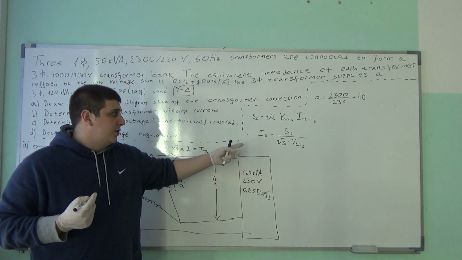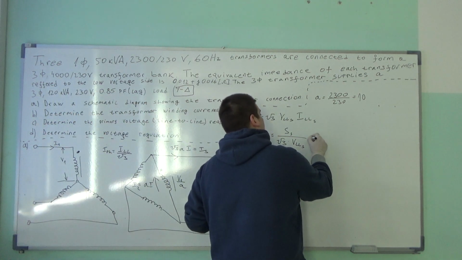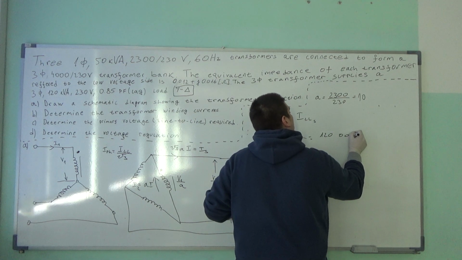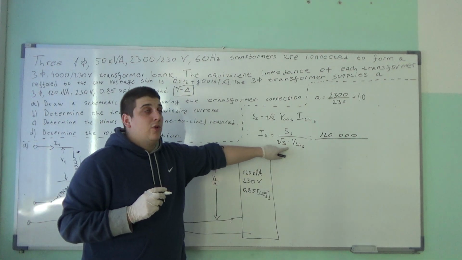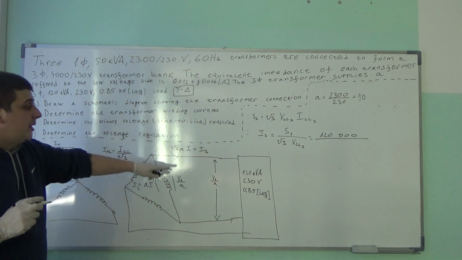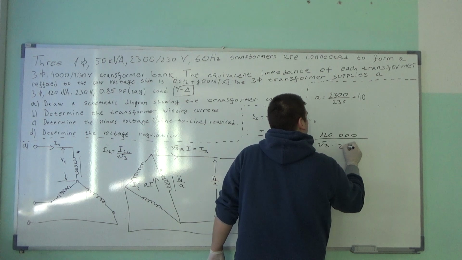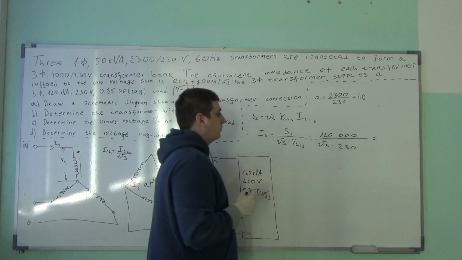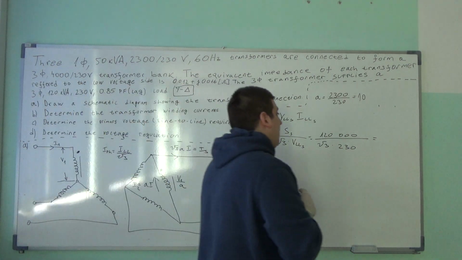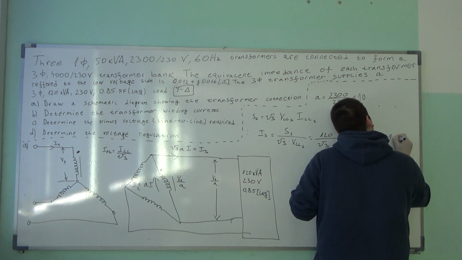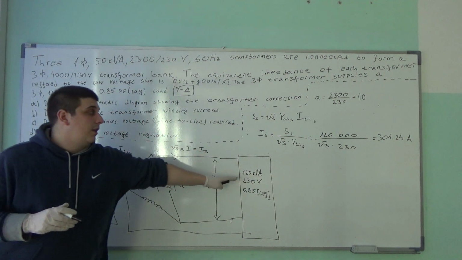This is the apparent power, divided by square root of 3 times the line voltage, and the line voltage here must be equal to 230 volts. And that all is equal to 301.24 amperes. So this is the line current on the load.